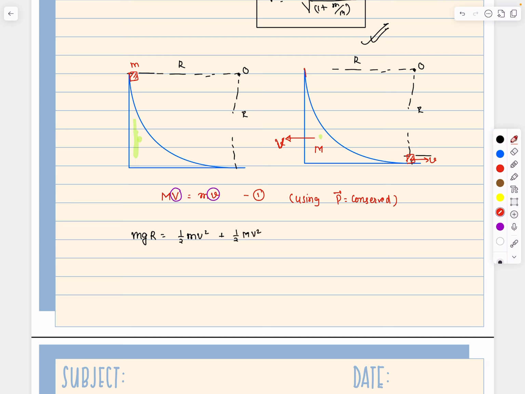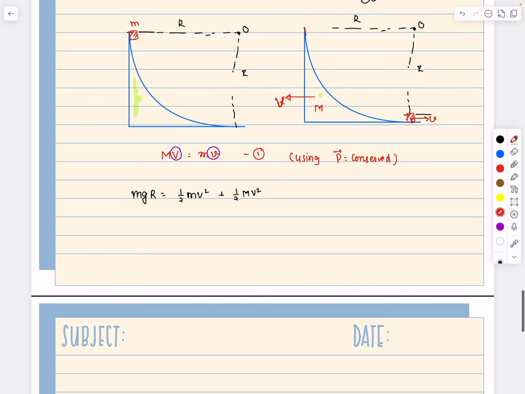So this we can write as half small m v square plus half capital M V square. Now capital V we can substitute from equation number 1. We get half small m v square plus half capital M into (small m v divided by capital M) whole square, and that equals m g R. Now from here we can write v square equals 2gR divided by (1 plus small m by capital M).